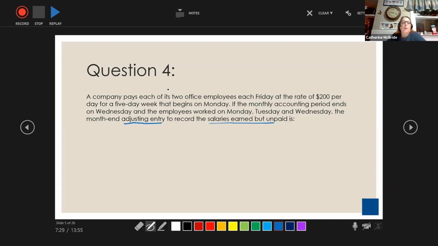So a company pays each of its 2 office employees each Friday at the rate of $200 per day for a 5-day week that begins on Monday. So the week starts on Monday, we pay out on Friday. If the monthly accounting period ends on Wednesday and the employees work Monday, Tuesday, and Wednesday, how many days of salary expense have we not recorded?